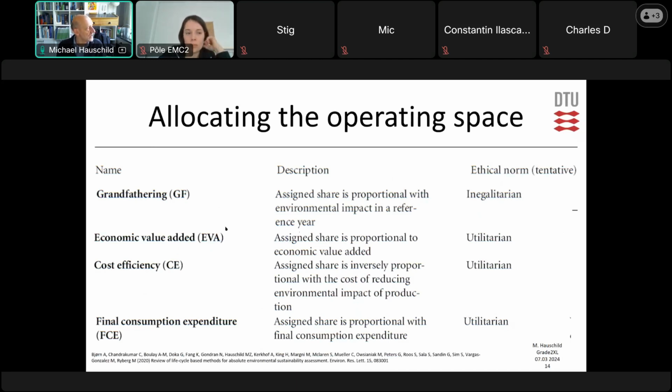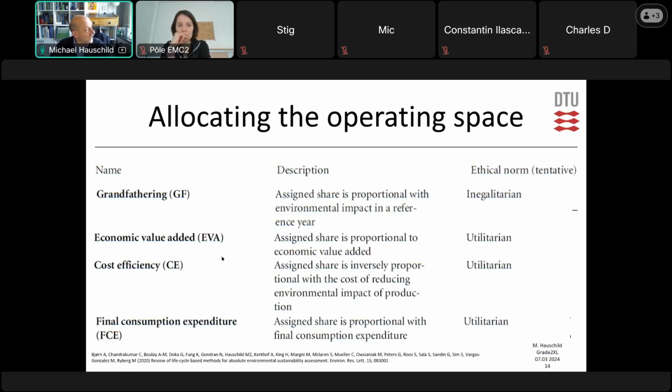So if a certain activity, let's say cement production, has a share of the total pollution, so the total climate change, let's say 1% comes from cement production globally, then it means that cement production gets 1% of the space, also the reduced space. So when everybody needs to reduce by 50% in 2030, the cement factory still has 1% of the total space in 2030, but of course a reduced space. So grandfathering here means that you get a space that is proportional to your share in the problem today.